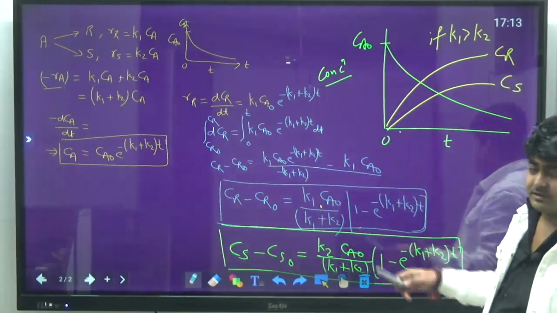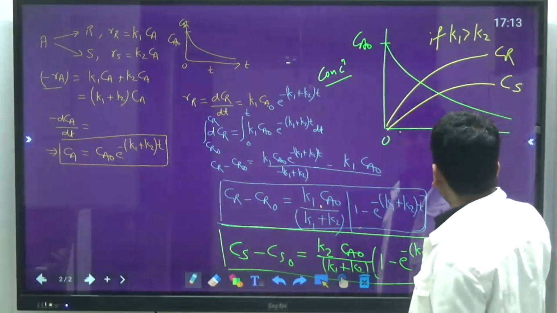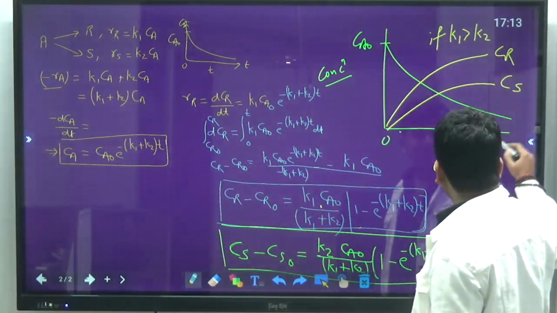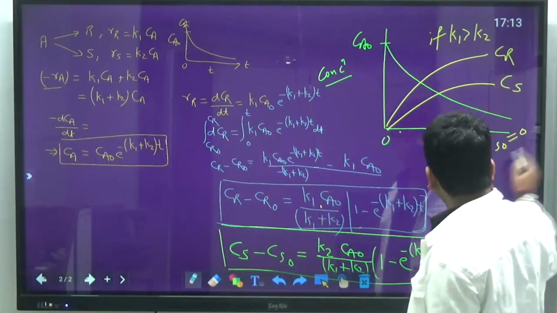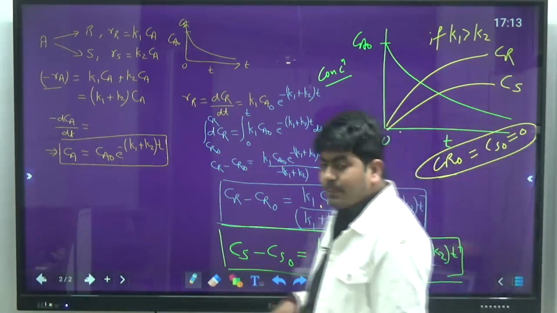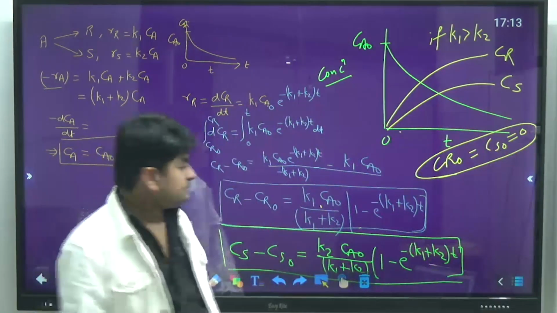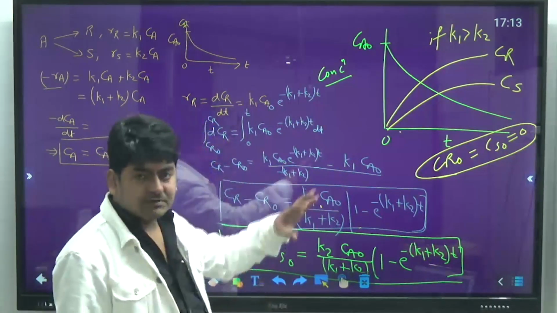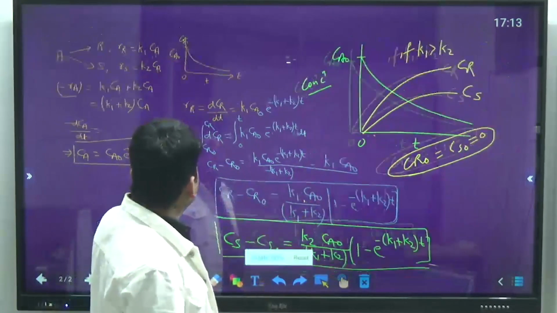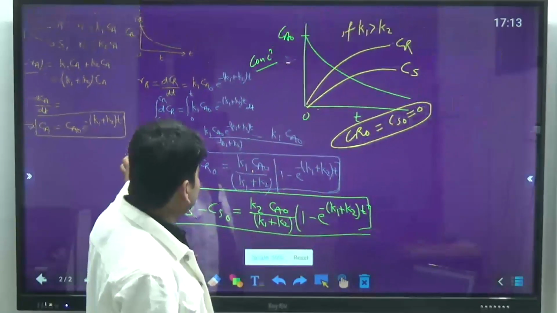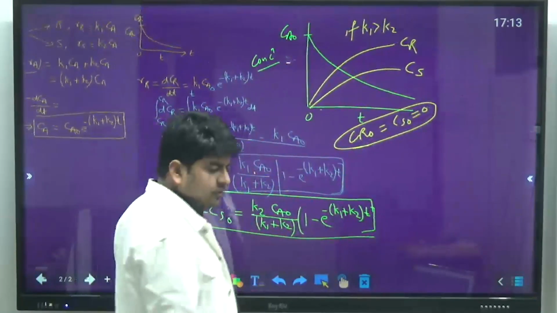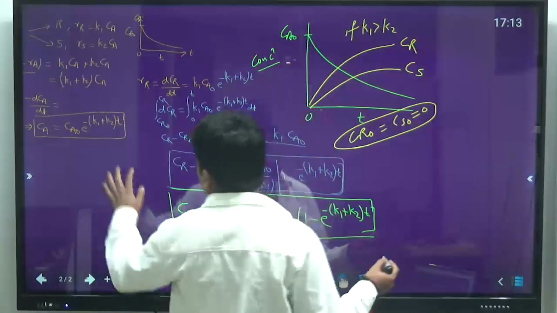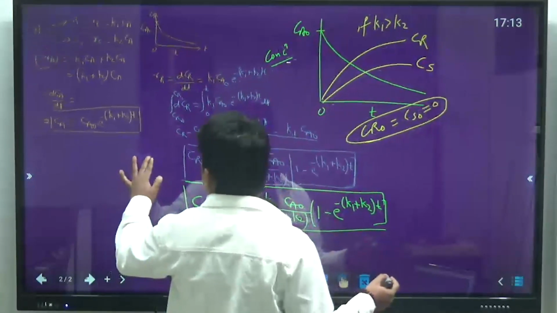This curve is valid when Cr naught and Cs naught are both 0. I am doing all this relatively fast because I assume that all the kinetic equations and everything we have discussed till now are clear to all of you.